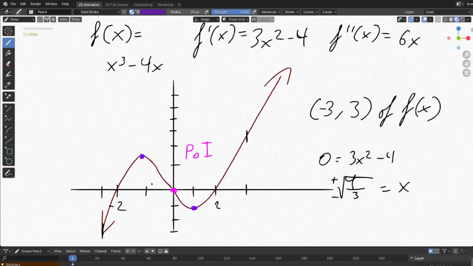So if we were to draw this thing, it would be down here because it's a derivative of a quadratic. Okay, it's quadratic.